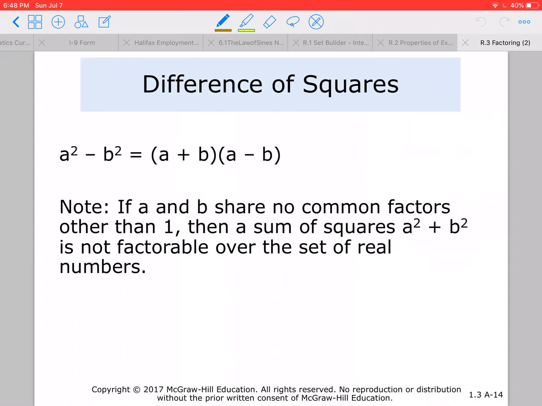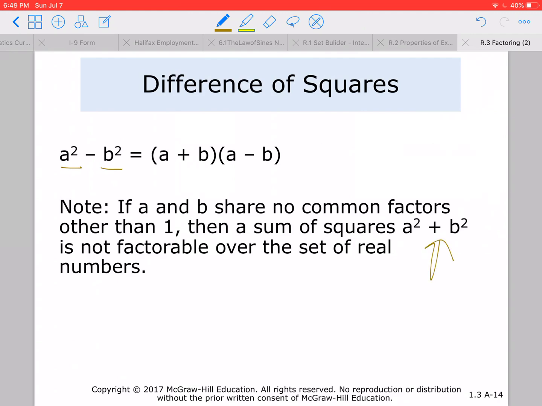Another shortcut is the difference of squares. Okay, so let's say you've got a perfect square minus a perfect square. And this only works in this case. It does not work if you have a perfect square plus a perfect square.